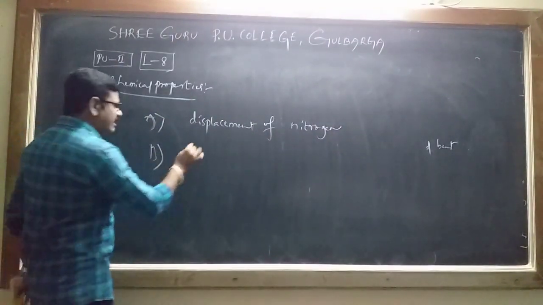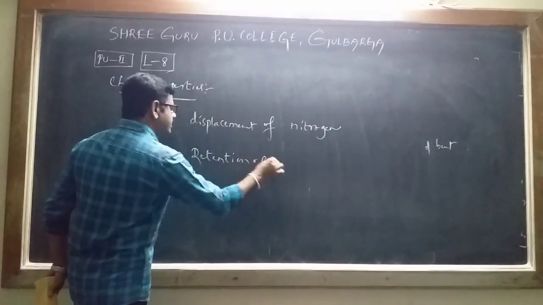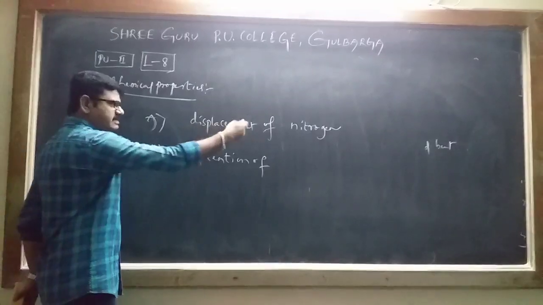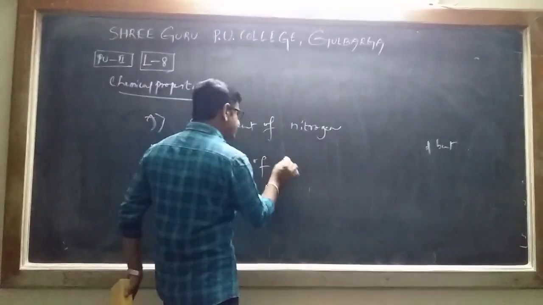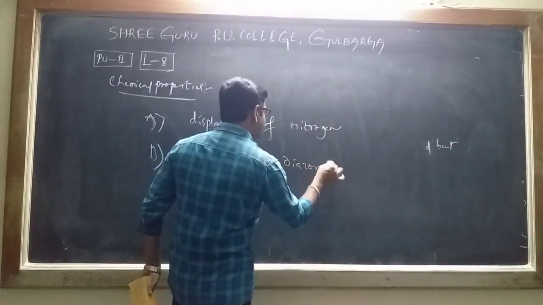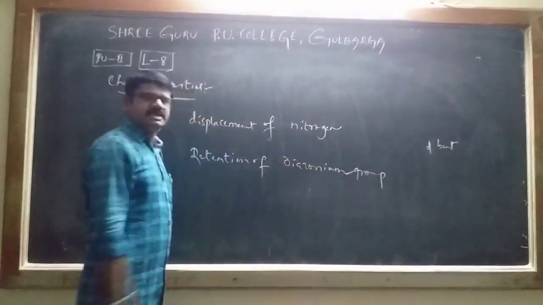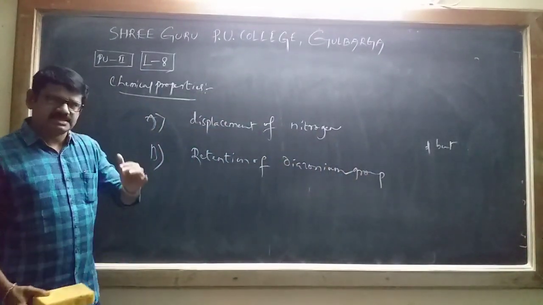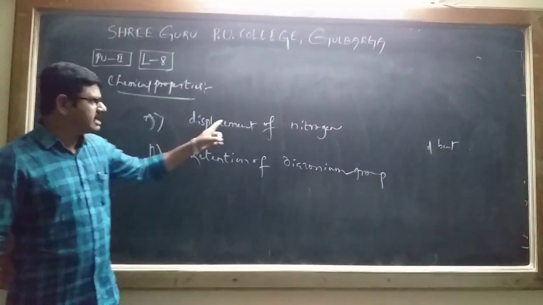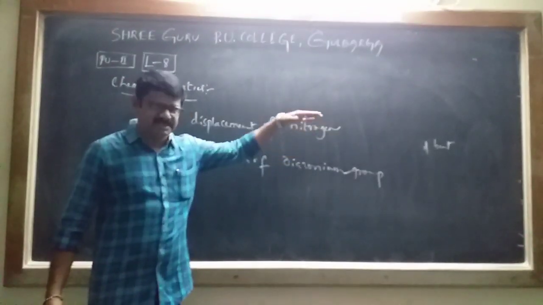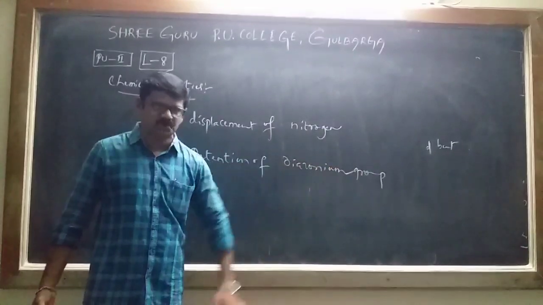Next, B, reactions involving retention of the diazonium group, or nitrogen, of course the diazonium group. Both are the same. We will discuss mainly two types of chemical properties. The first type includes displacement of the diazonium group, nothing but displacement of nitrogen. The second type includes the retention of the diazonium group.